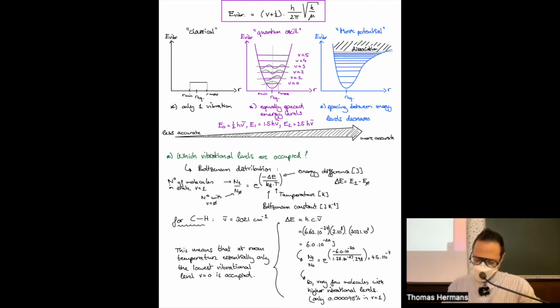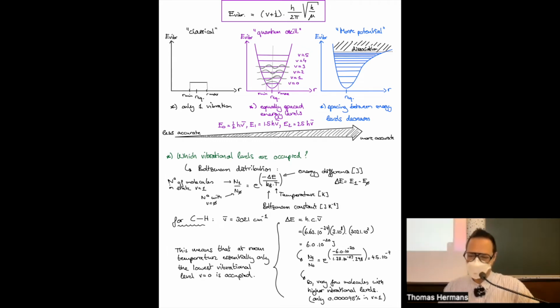E vibration is v plus half times Planck over 2 pi. So all these things are the same, right? So K is still the force constant, mu is the reduced mass, h is Planck constant, this is just 2 times pi, and this is this vibrational quantum number that we are putting in here.